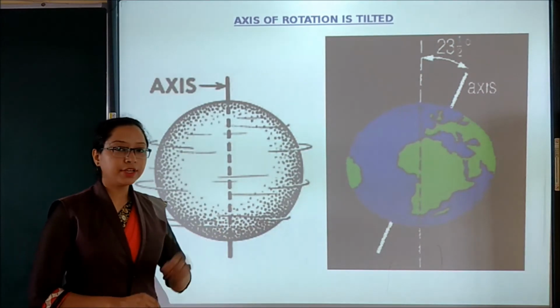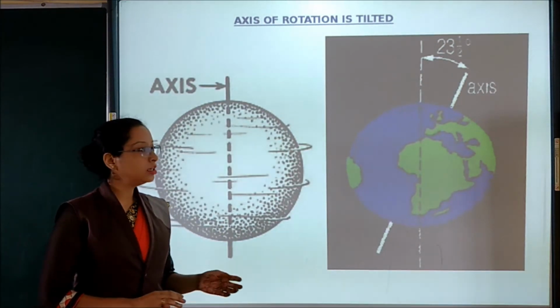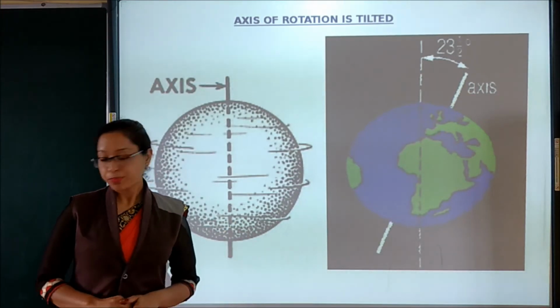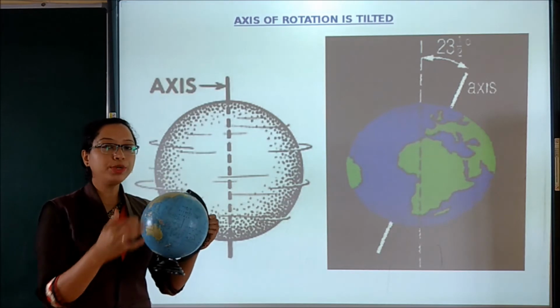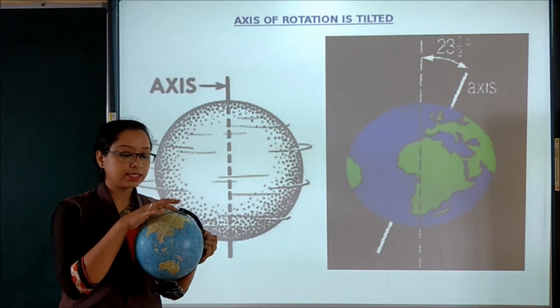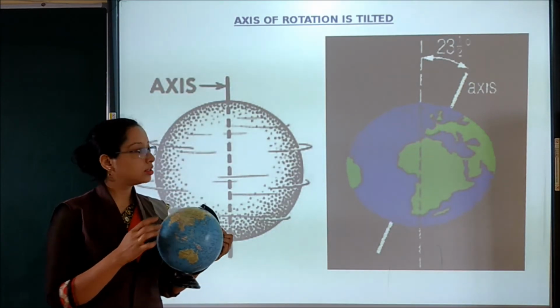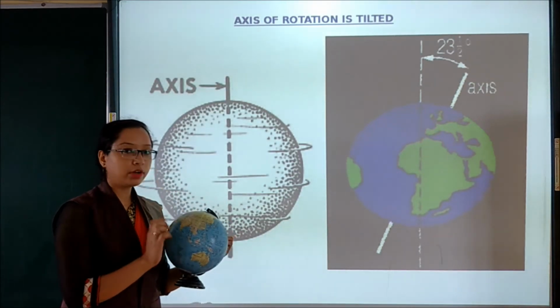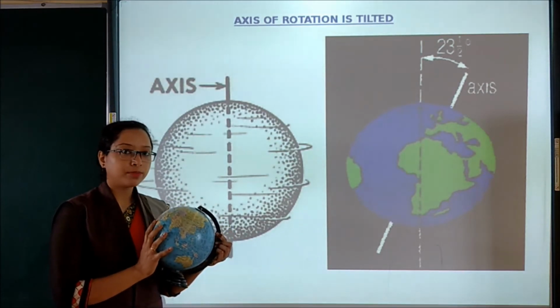Now by this we understood that the earth rotates in a tilted way. On the globe also we have seen the globe rotating in a tilted way. So the axis of rotation of the globe is similar to the earth. How the earth rotates, in the same way the globe will also rotate.